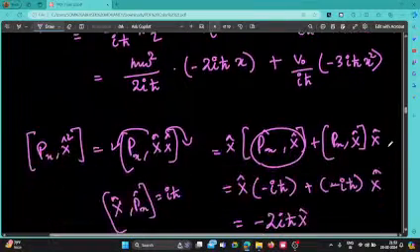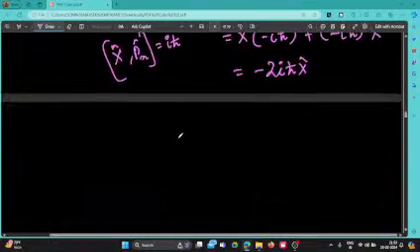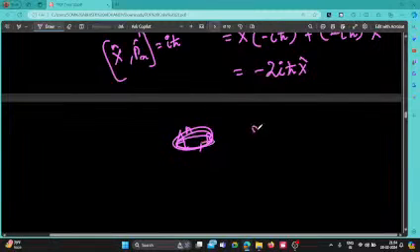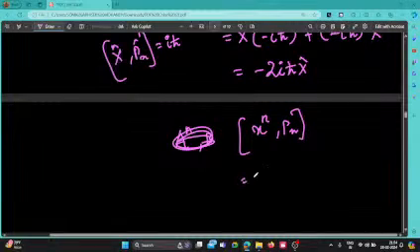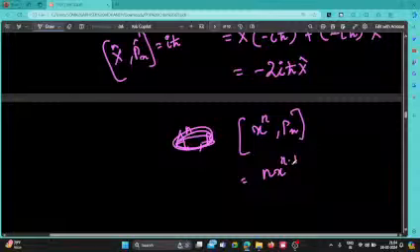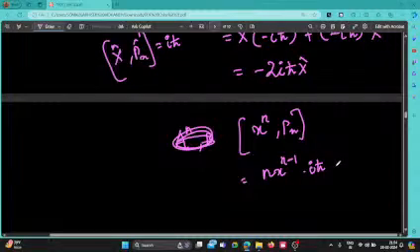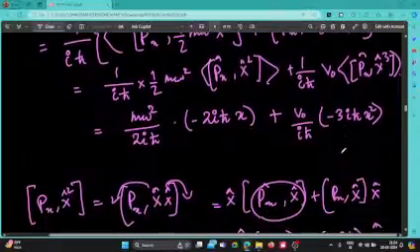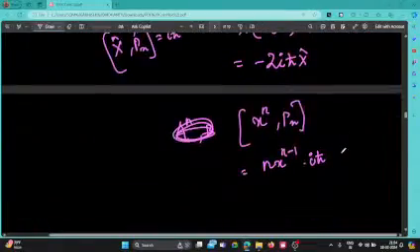How is it done? See, the commutator of x to the power n with Px will be n x to the power n minus 1 times iħ.